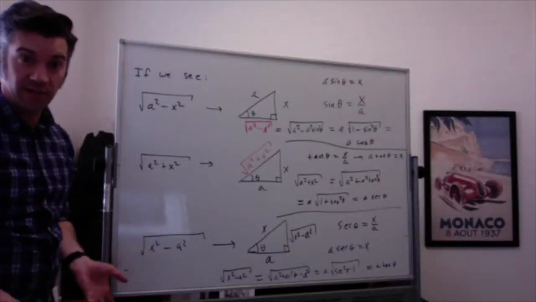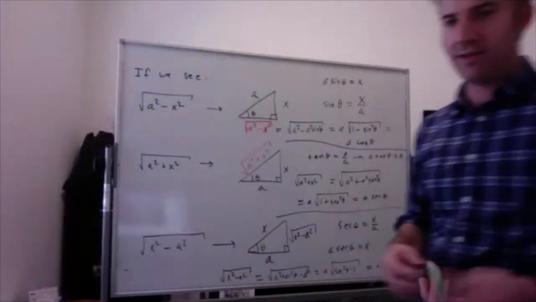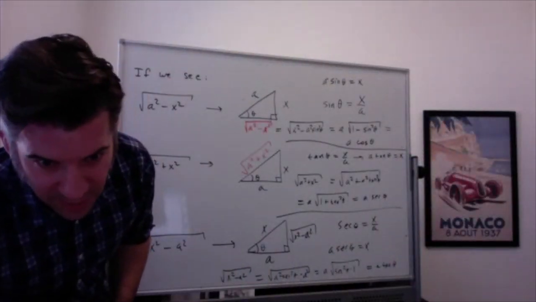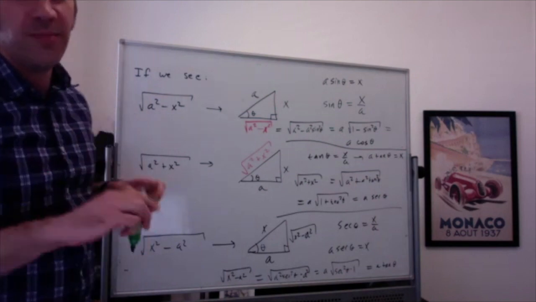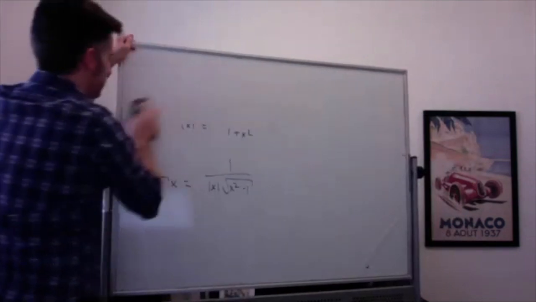There's a very nice correspondence here that I would encourage you all to make part of yourself, to feel in your soul. There's probably a better way to say that. So, trig substitutions.